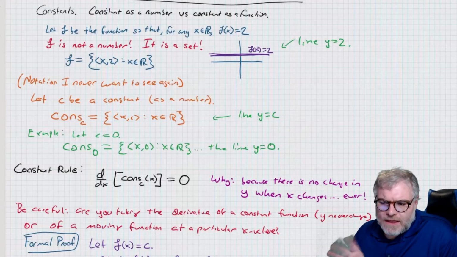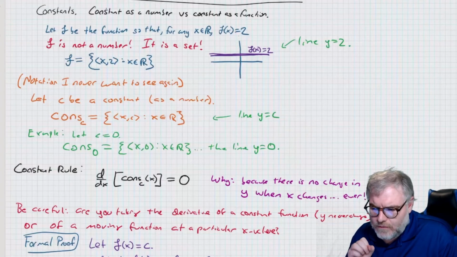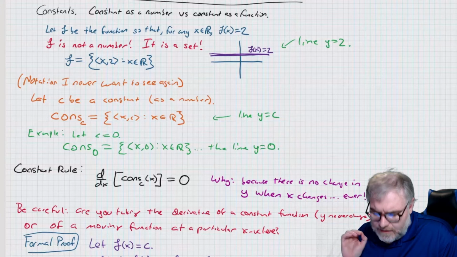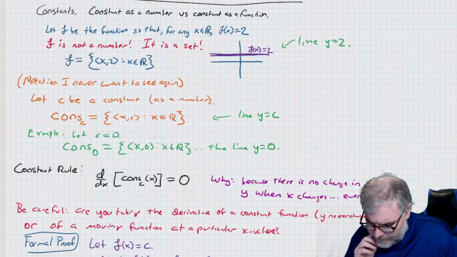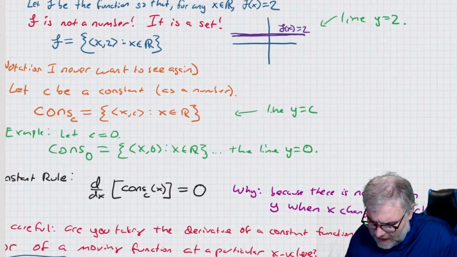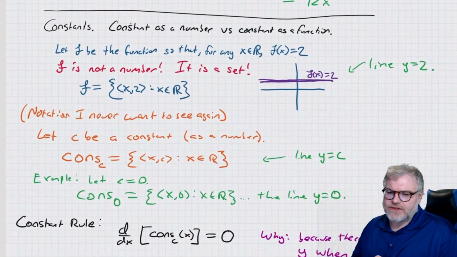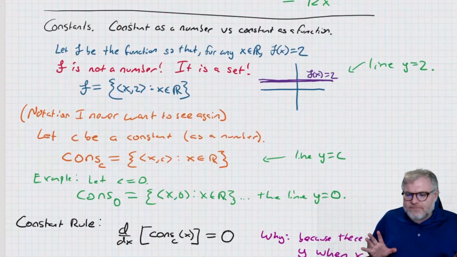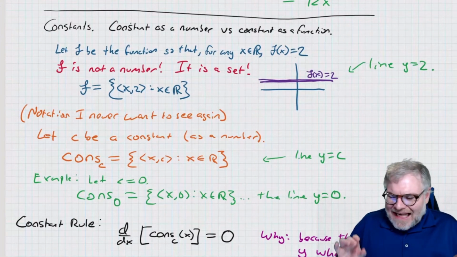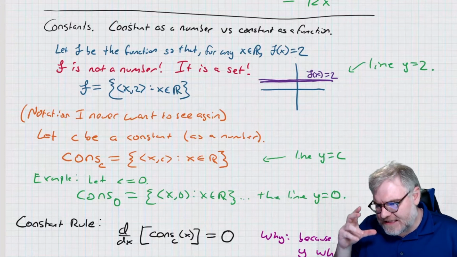Okay, we need one last piece when we want to deal with polynomials. And that's the derivative of a constant, or of a constant function. So there's something here that I want you to keep in the back of your mind, because sometimes it confuses people. It's one of these ideas that is kind of simple but hard.